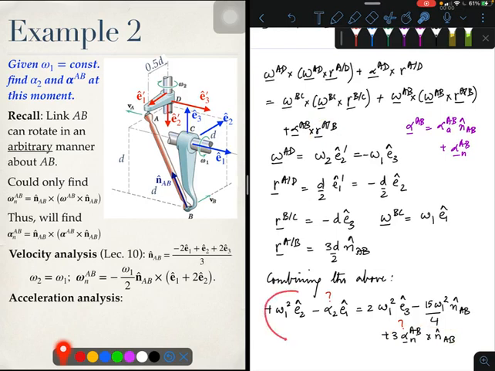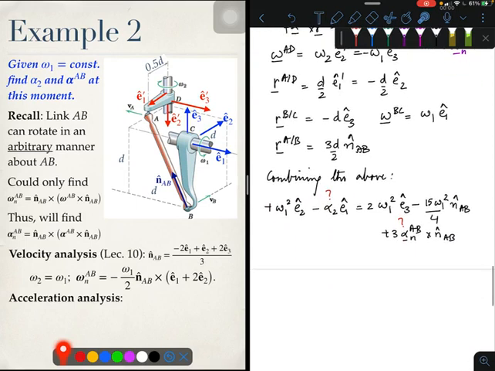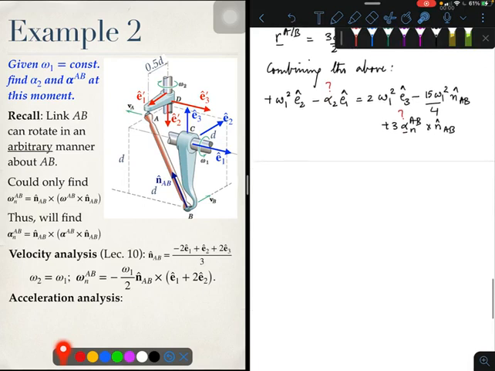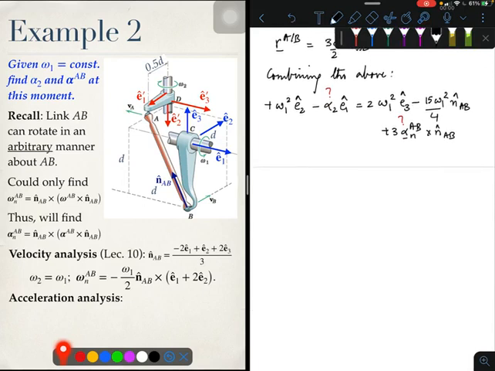So I now need to solve this equation for these unknowns. You can do a quick counting. This is actually one unknown and this is two unknowns only, because it has to lie in a plane normal to NAB. This is a three-dimensional vector equation, so these are three equations. So I can now solve these three equations for the three unknowns. As in the case of the velocity analysis, let's call this equation star.